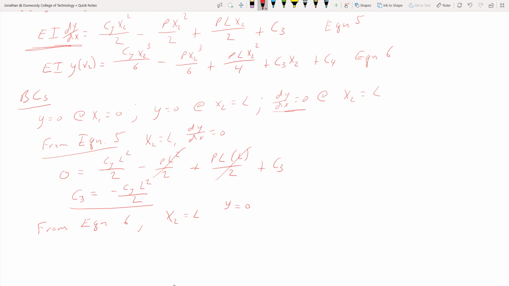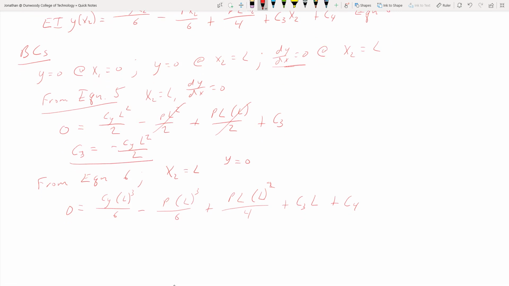So filling in this guy, y is 0 on the left-hand side, so we get CyL cubed over 6 minus PL cubed over 6 plus PL squared over 4 plus C3L plus C4. And we remember now that C3 is up here.